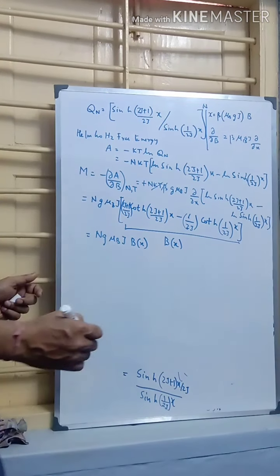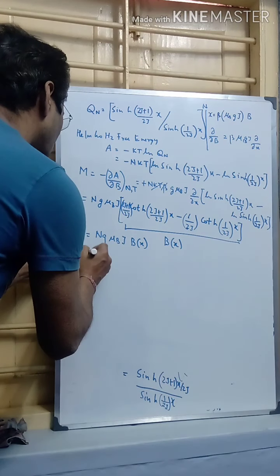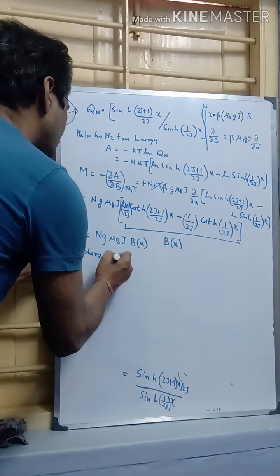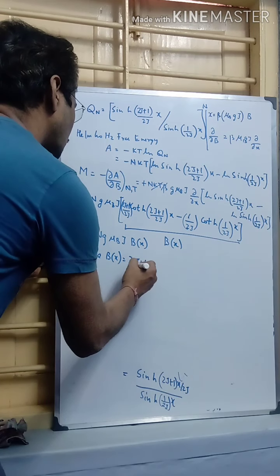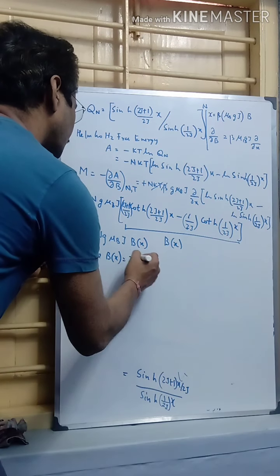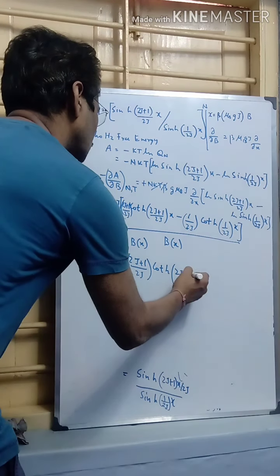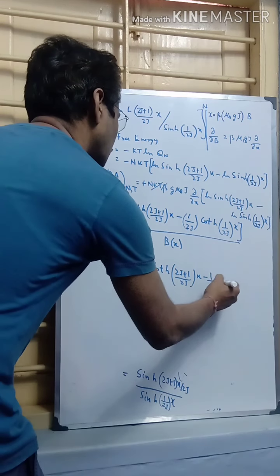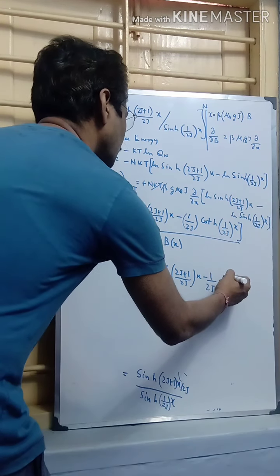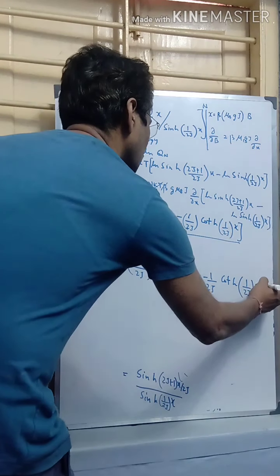We can again plot the Brillouin function where B_j(x) is equal to (2j+1)/2j coth((2j+1)x/2j) minus 1/2j coth(x/2j).